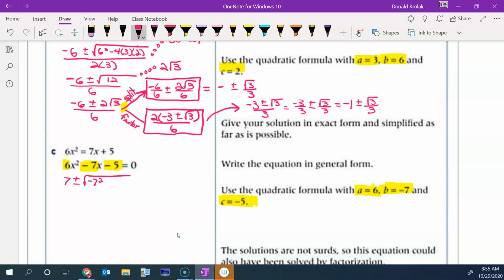Now, if you do this on your calculator, you have to be careful because it'll give you the wrong answer unless you understand what's happening. Minus 4AC, 4 times A times C, divided by 2 times A.